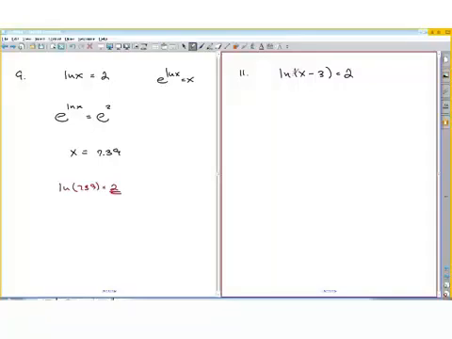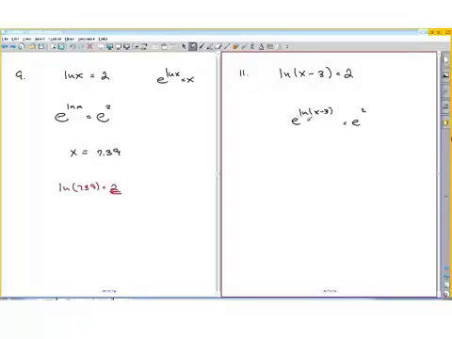So this is problem number 11. And so, again, it's just like this problem. So we're going to make each side of the equality be the exponents, like that. And I've got to make sure I subtract 3, not 2.